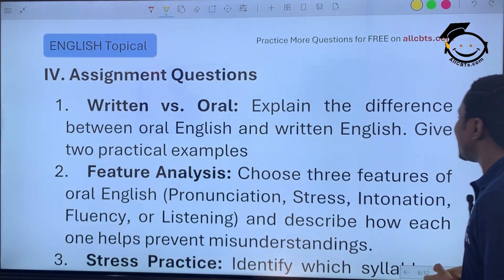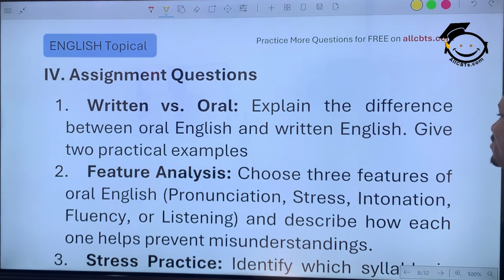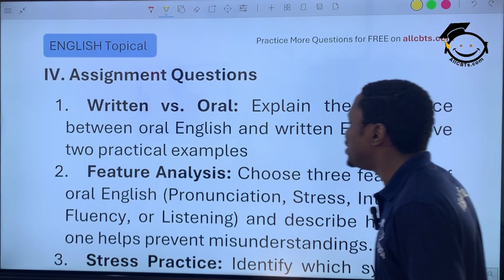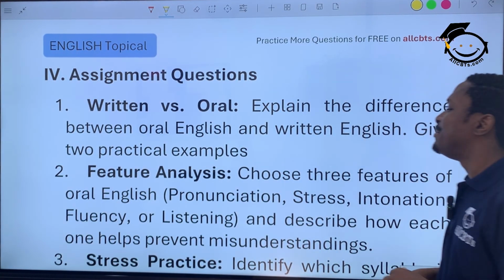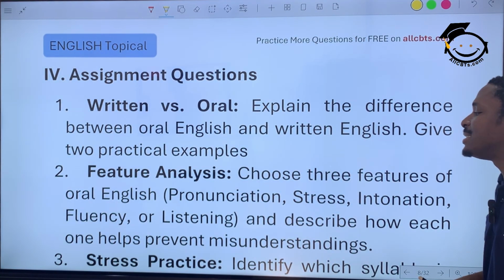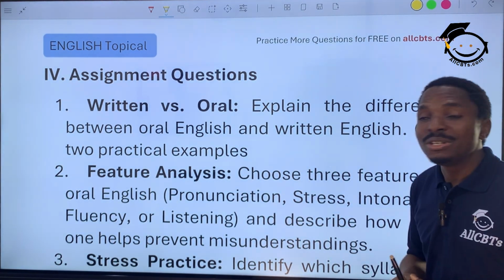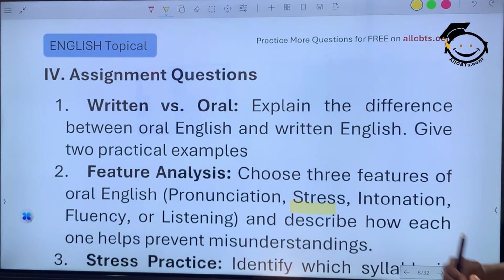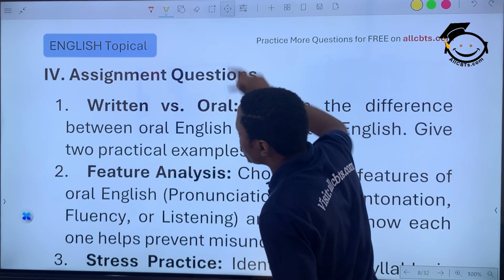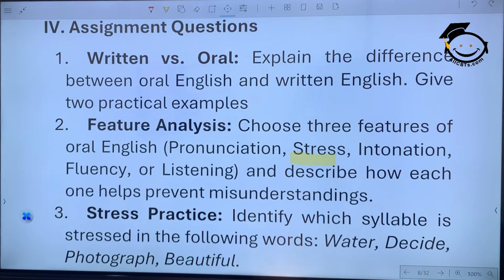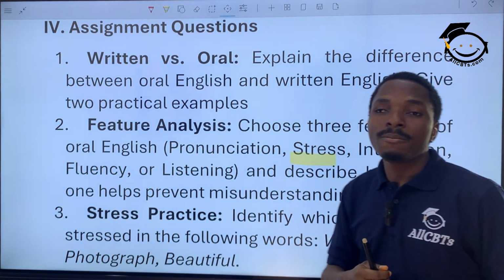Then choose three features of oral English and describe how each one helps prevent misunderstanding. Three features of oral English from the list I've given you. And then the last one is identify which syllable is stressed in the following words: water, decide, photograph, beautiful.